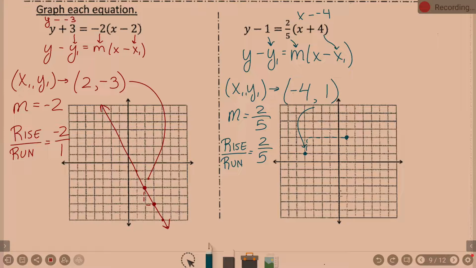So there's my 2 points. If you want another point, go up 2, over 5 again. I think I tried to redraw and made it worse, but again, you have two points on the line. I'm happy enough.